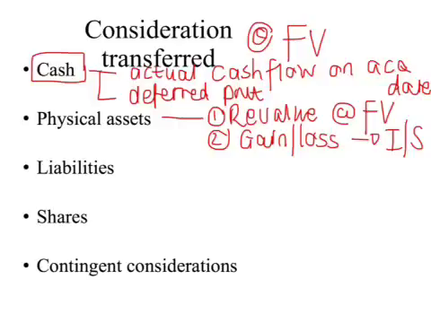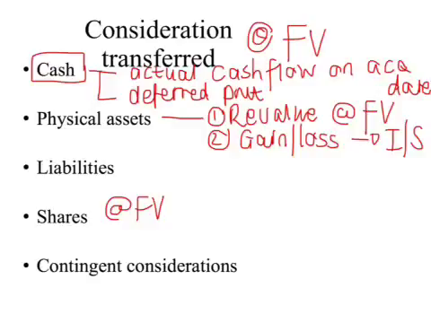Okay, if we issue shares to the acquiree, so the company that's being acquired will then own shares in the company that's acquiring them. Those shares need to be valued at fair value. If it's a listed company, of course, we just look at the market rate on the acquisition date. If it's not a listed company, some form of calculation will be required to calculate the shares' fair value on acquisition date.